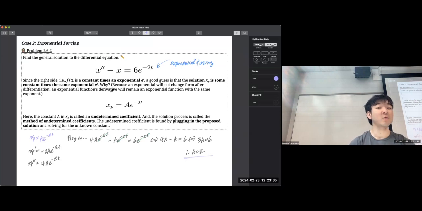And then the name of the game is to find the capital A that will cause all the coefficients on the left-hand side to add up to 6, but you're forcing that by plugging in. And so your particular solution is just going to be 2 times A, which is 2, so it'll be this. So this just becomes this after you plug this in, and then you just have to tack on the homogeneous solution.